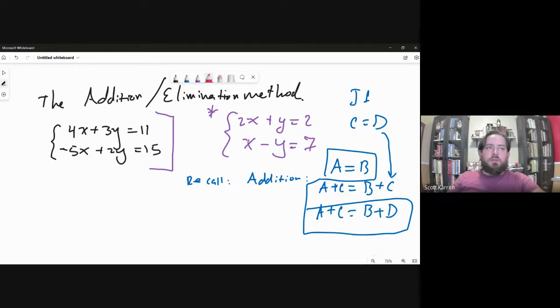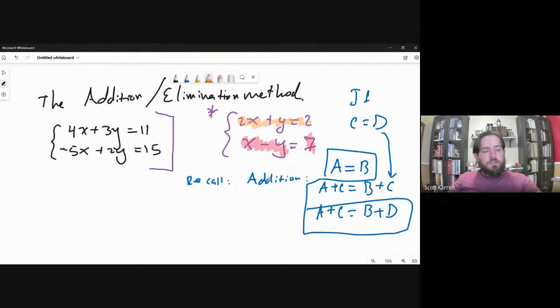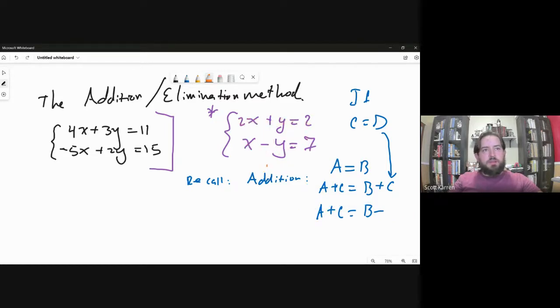But I have equations right here. X minus y is equal to 7. And so let's look at the first equation here. This is getting pretty messy, and I apologize. I'm going to clean it up a little bit.